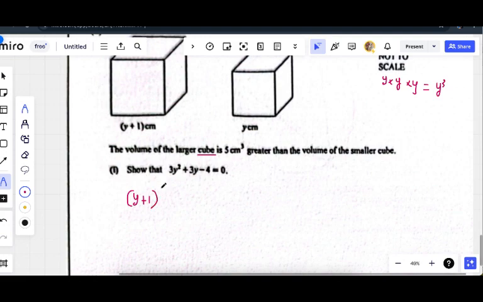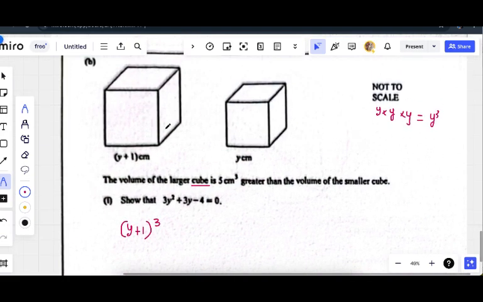To get the volume, you raise it to power 3, because every side will be y plus 1. The length is y plus 1, the width is y plus 1, and the height is y plus 1 also, because it's a cube and all sides are equal.